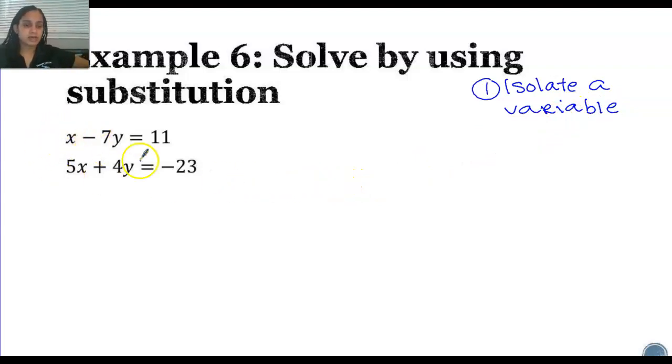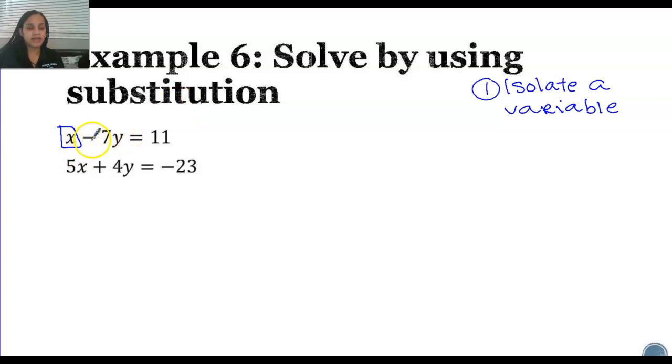It can be x or it can be y, and it can be in the first equation or it can be in the second equation, but typically one variable will stand out. It's the one that usually has a 1 in front of it, or the one that's easiest to solve for, the easiest one to isolate. That's the one I would try to get alone. You can work with some of these others, but you're going to create fractions. Usually students don't like that.